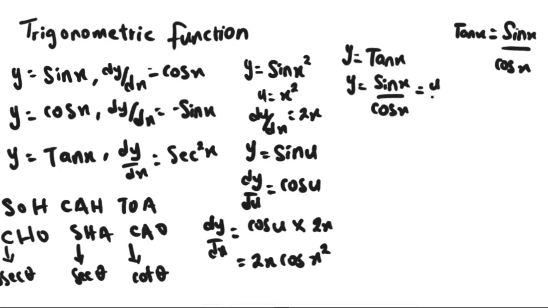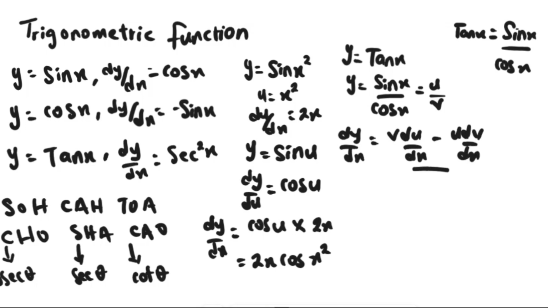So we'll use our quotient rule formula now. Our dy dx will give us v du dx minus u dv dx, everything divided by v squared. So what it means here is that dy dx will give us, our v here is cos x multiplied by du dx.